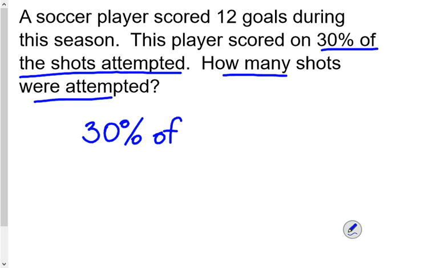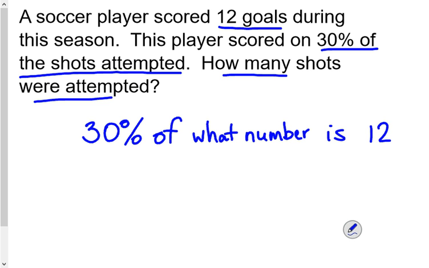So 30% of what number is 12, because they scored on 30%, and that 30% was the 12 goals. So that's the problem we need to do. We're going to need to do is over of equals percent out of 100.